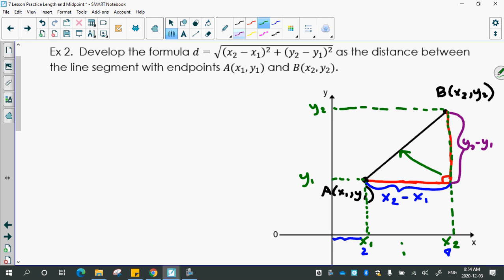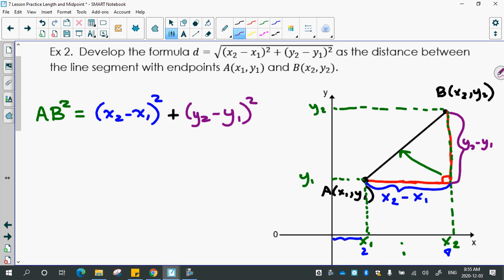So I want to know the distance from A to B. The distance from A to B squared is going to be this distance, which is x2 minus x1 squared, plus this distance, which is y2 minus y1 squared.